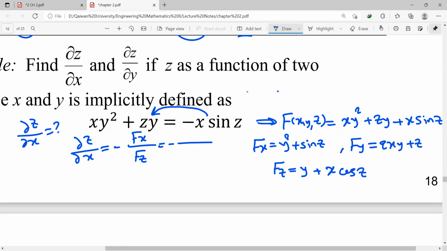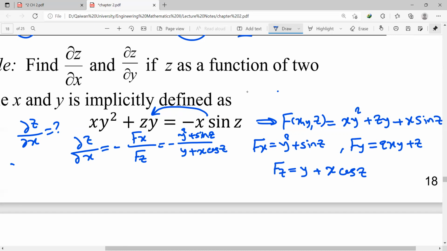Capital F sub x is y squared plus sine z, and F sub z is y plus x cosine z. That's all. This is partial z by partial x.